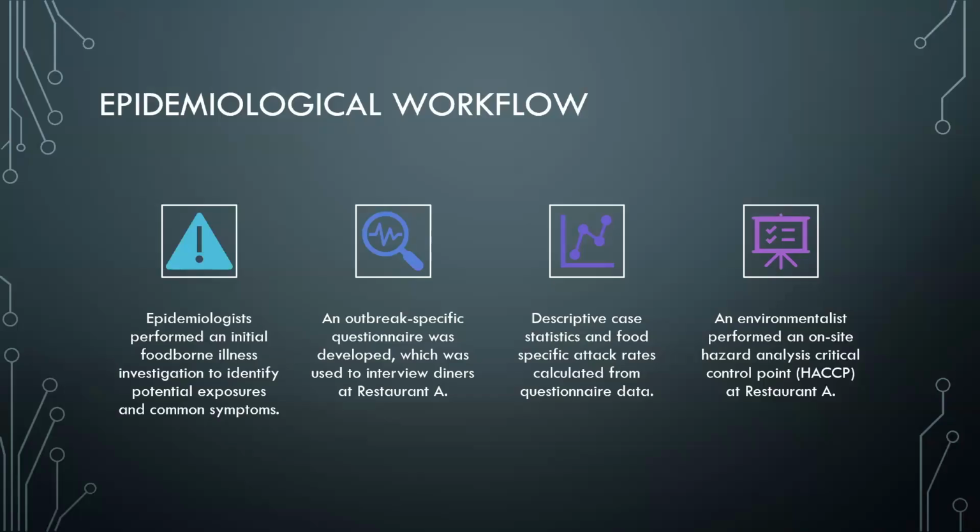And in doing so, they found that all 35 of the people who were sick had eaten at Restaurant A. And then they developed descriptive case statistics and calculated food-specific attack rates from the questionnaire data, and also sent an environmentalist to Restaurant A to perform an on-site hazard assessment to identify any potential issues that could be there.